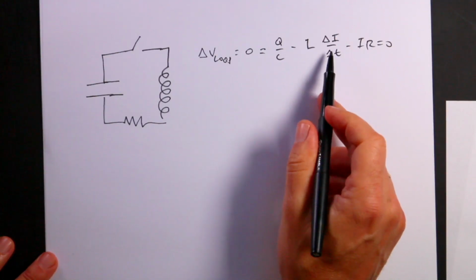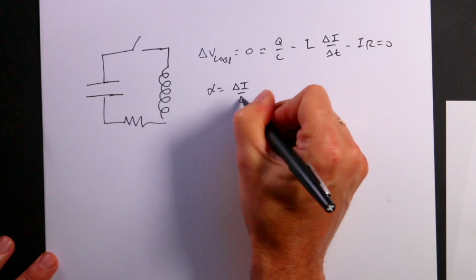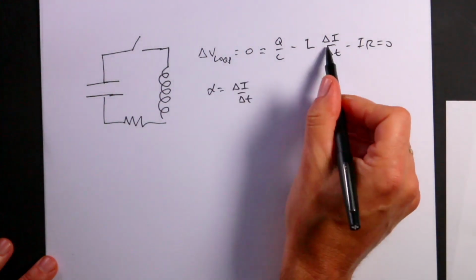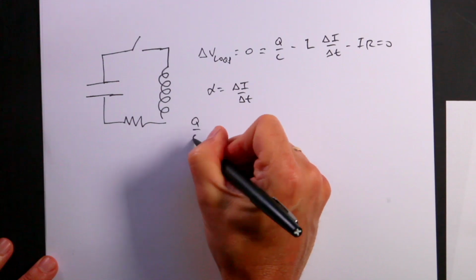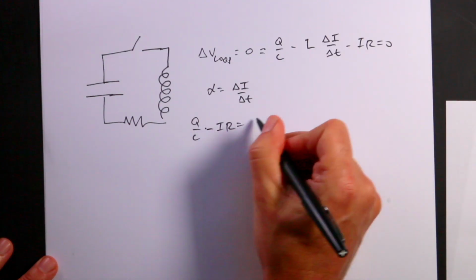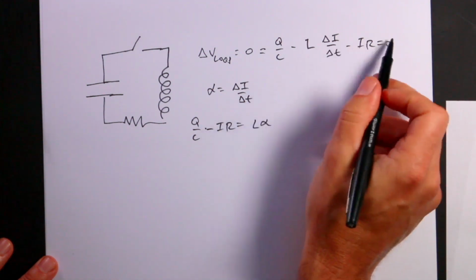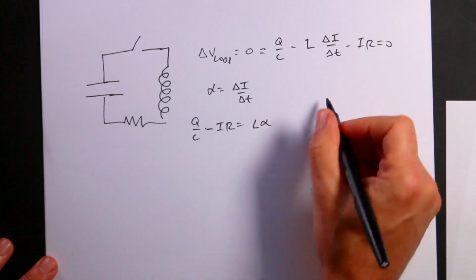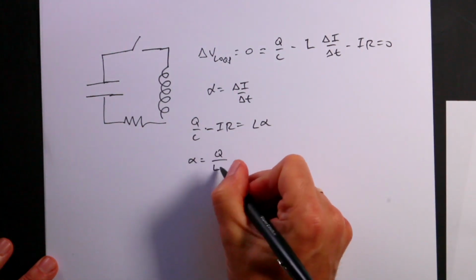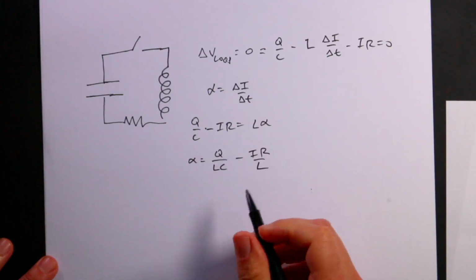So again, I'm going to put in alpha equals delta I over delta T, which is just a made-up step just to make things look nicer. And I'm going to put that in up here. I get Q over C, and I'll add that to the other side. Minus IR equals L alpha. I added L alpha to both sides. Now I solve for alpha, and I get alpha equals Q over LC minus IR over L.